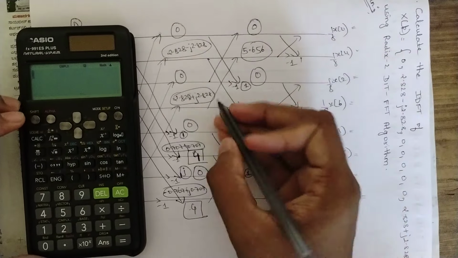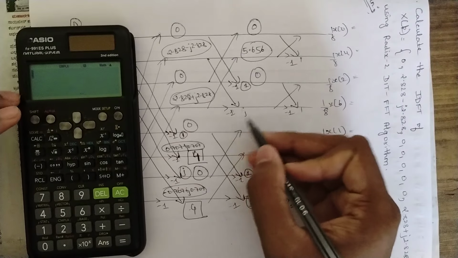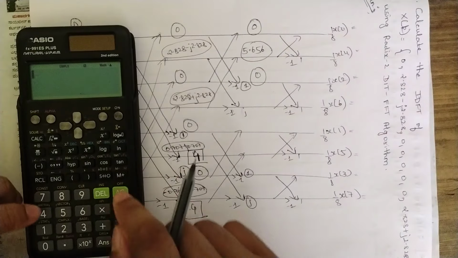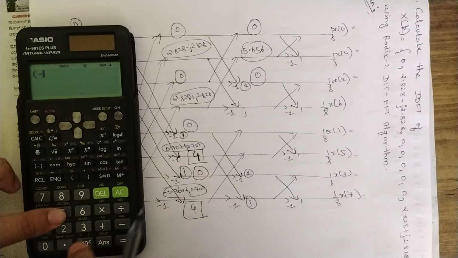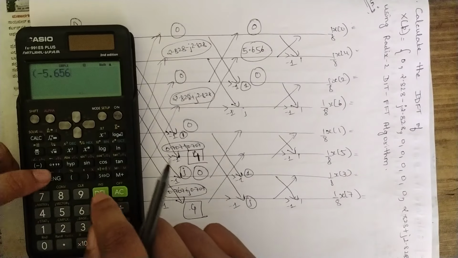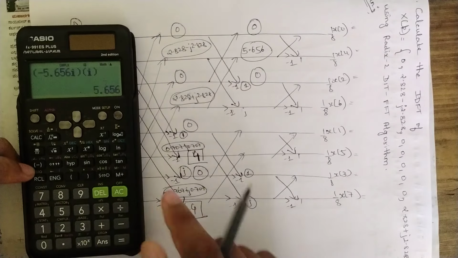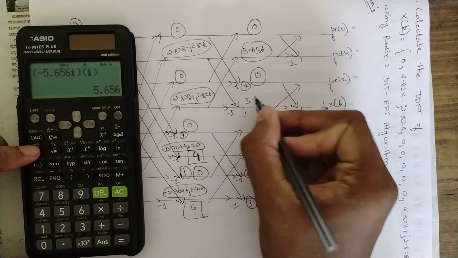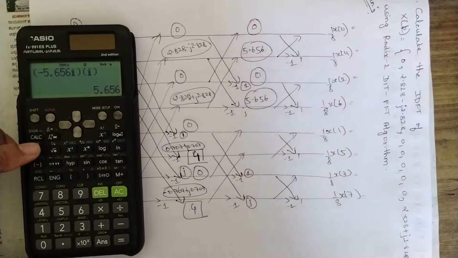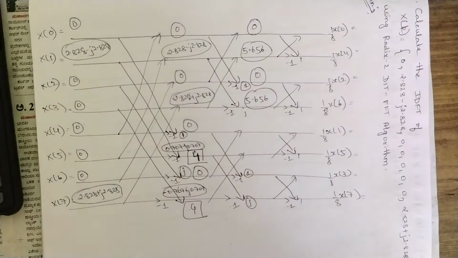J term is also there, last we should be multiplying it by j. So minus 5.656 j into j, that is plus 5.656 again. Hope you understood this value, how we got.